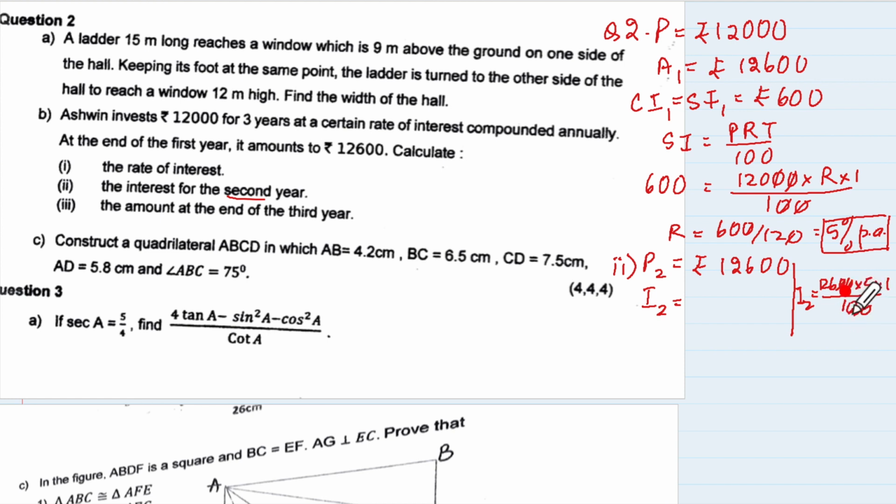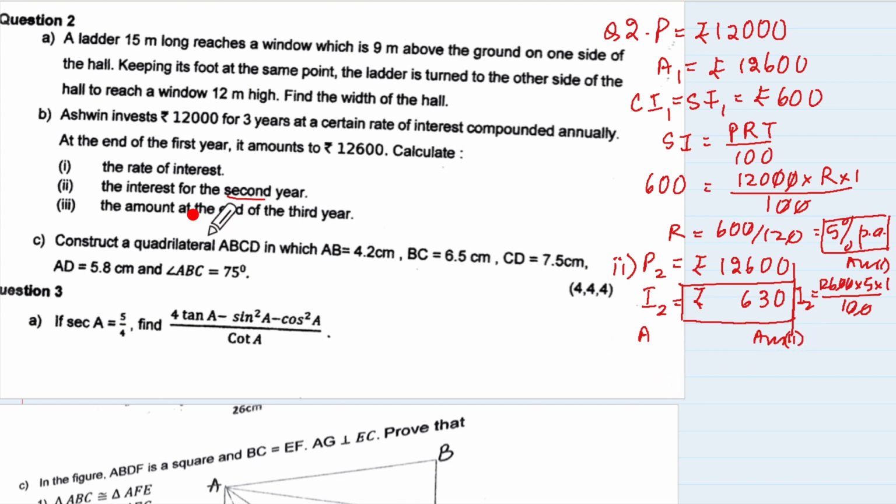So this gets cancelled. 126 into 5 is going to be equal to 630 rupees. Correct? So the interest for the second year is your answer 2. This was your answer 1. This is your answer 2.